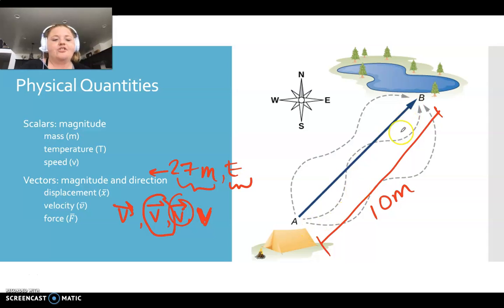And then we need to know the direction. So in looking at this compass here, it would be northeast, right? It looks like it's going in that direction. So northeast. And we can even put a value as to the exact angle at which we're traveling, but we'll get into that in another video later on.